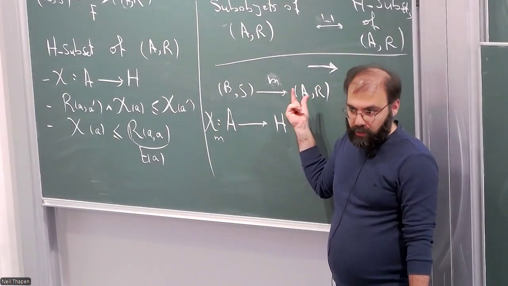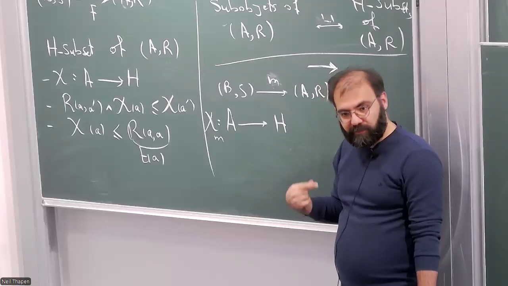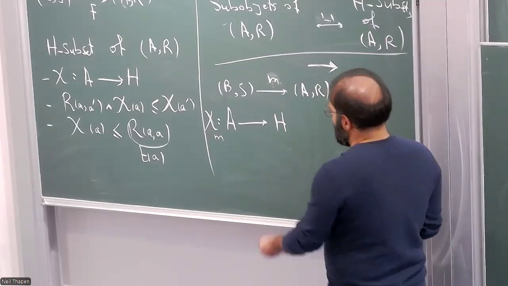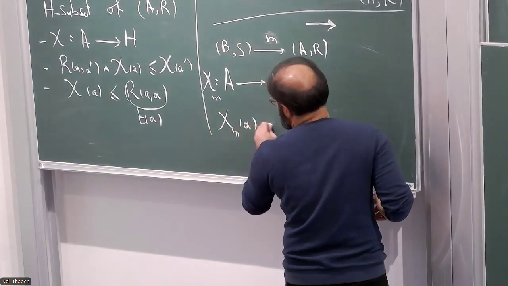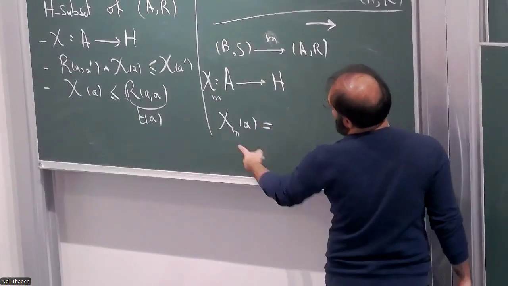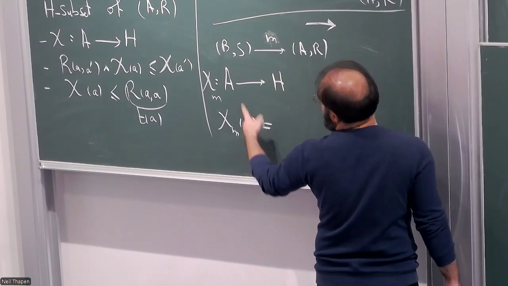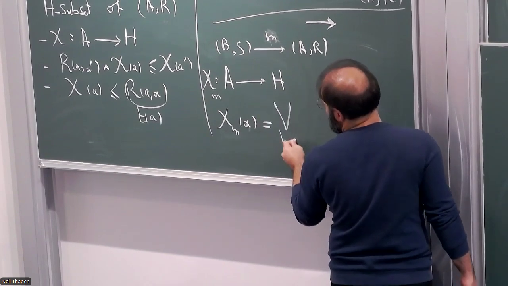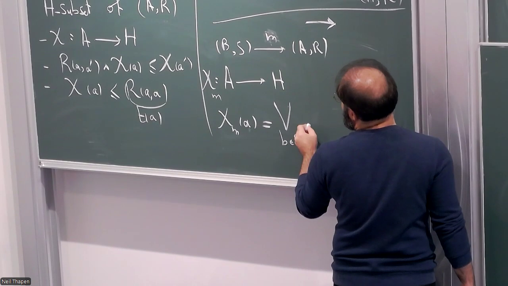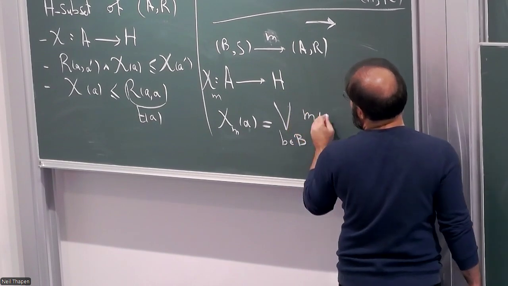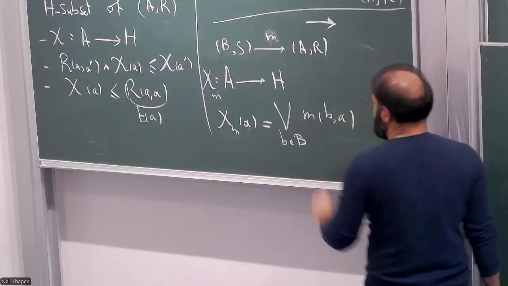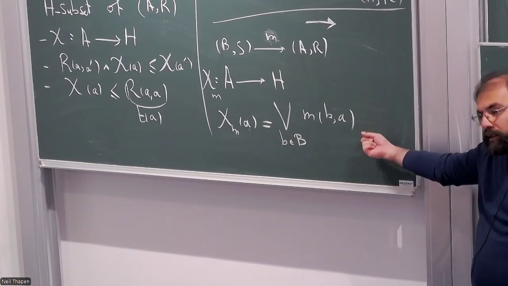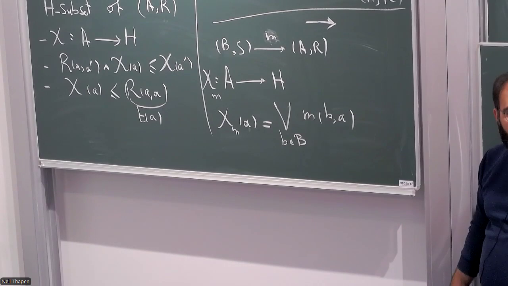So simply you are saying that the value chi M of A, the value of A inside the subset, is simply: there exists B in B such that M of B is A. There exists some B that goes to A, the value of which is just the value that you want.